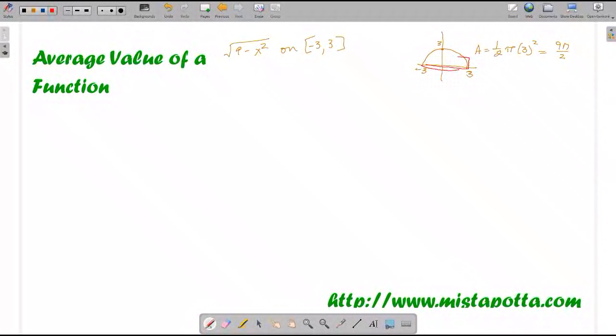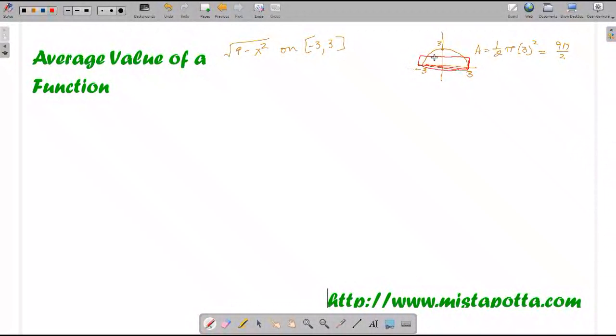And so that means that there's got to be a rectangle with the same domain from negative 3 to 3 that has the same area as the area under this semicircle.